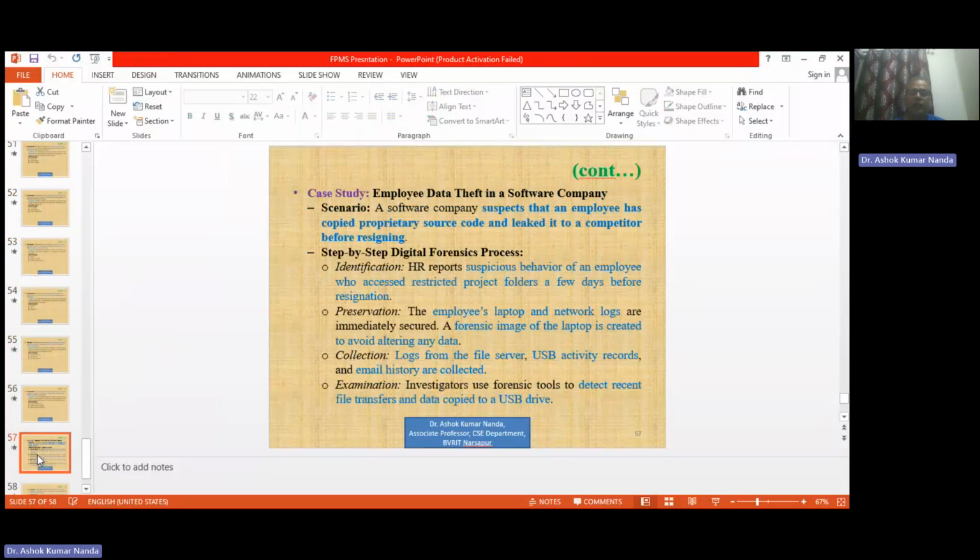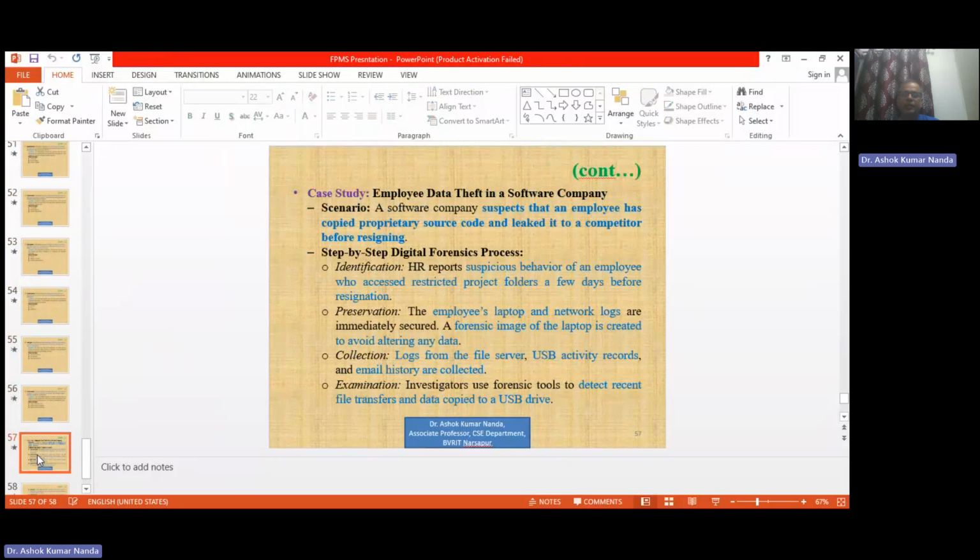First phase was the identification. In this case, the HR reports suspicious behavior of an employee who accessed restricted project folders a few days before resigning. This is the identification phase. Then the preservation phase: the employee's laptop and network logs are immediately secured.